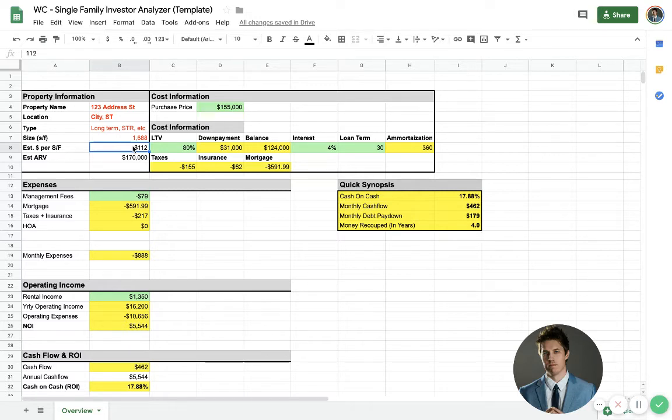So the house next door, the house across the street, the house 2 blocks down, and we basically build a model or an average of what these houses are selling for per square foot. And that gives us a good idea of what the estimated after repair value, the ARV, is going to be. And we always try to make sure that we build in some equity for our clients.